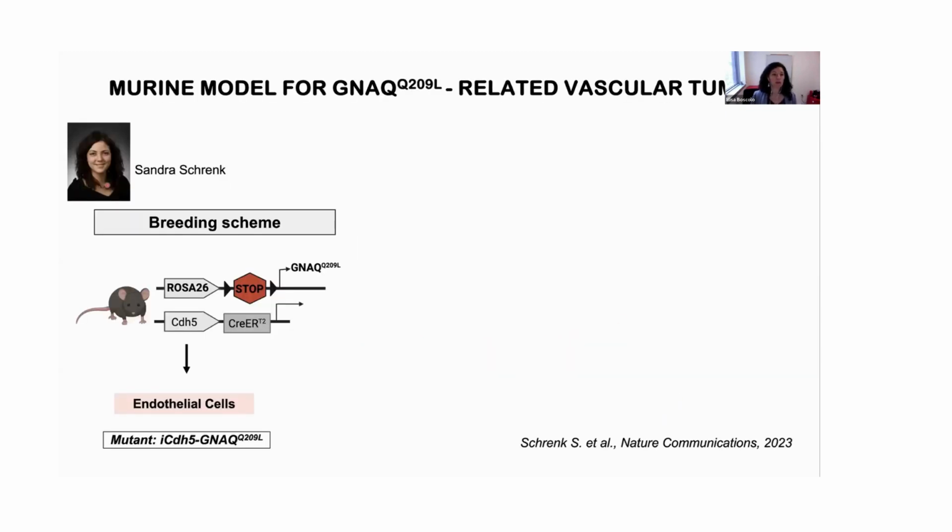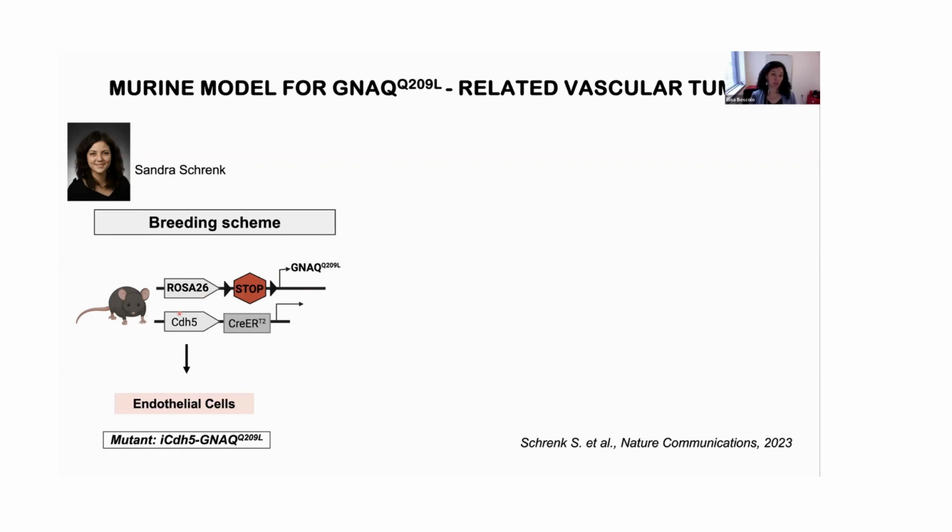And to do so, Sandra Schrenk, a very talented senior postdoc in my lab, has really spearheaded this project. And the way we start, it's a long story short. We did a bunch of work beforehand before coming to this, but nonetheless, the most impressive results that we got was when we bred mouse expressing the mutant allele GNAQ-Q209L under the ROSA26 locus, and it's a floxed allele.